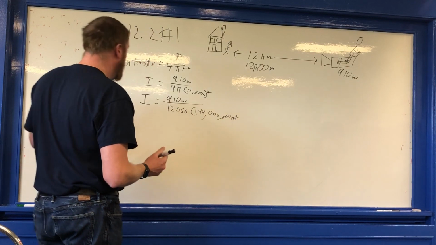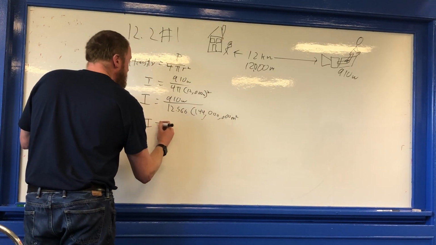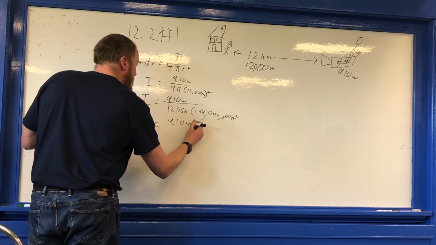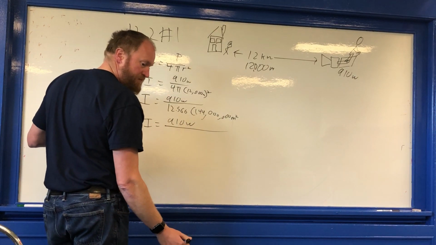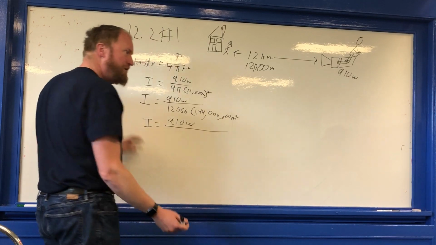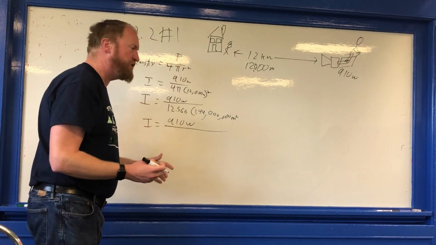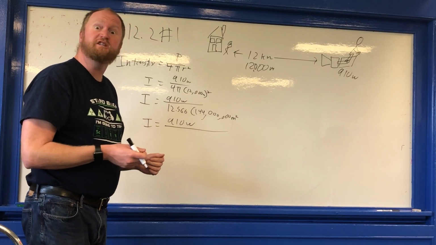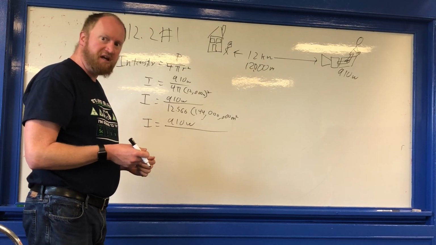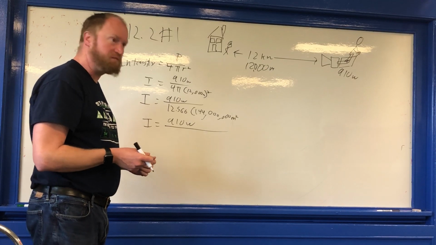So you multiply them together, and I get I is equal to 910 watts over the area of this. I mean, think about it. This is a very, very large sphere. The radius of the sphere is 12 kilometers. It's really big. So let's work on it.